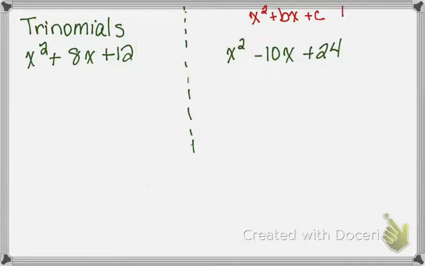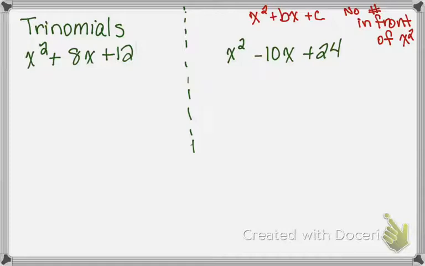There is no number in front of x squared. And we know there is a number there, but what's the number? 1. Okay, so we have a coefficient of 1.